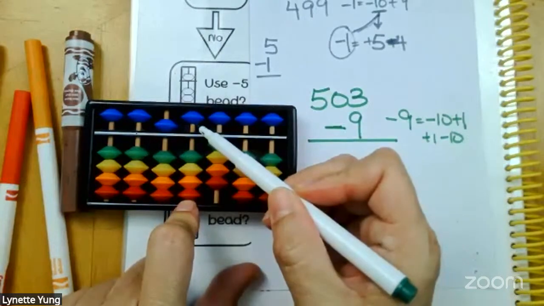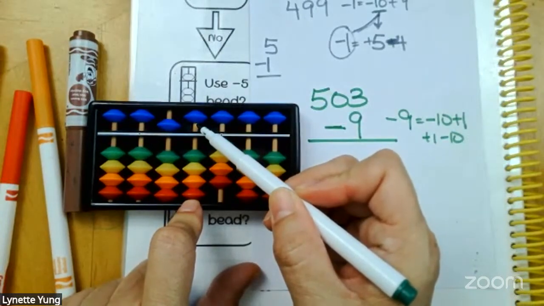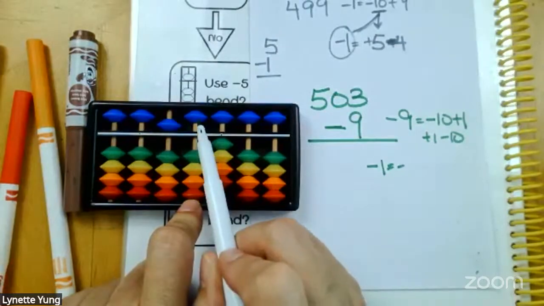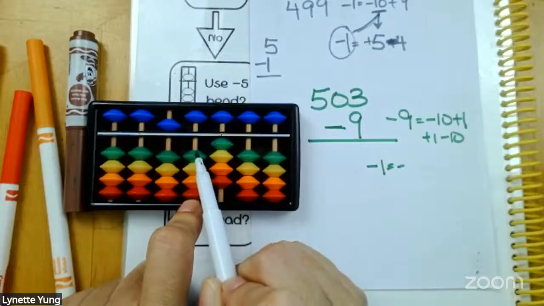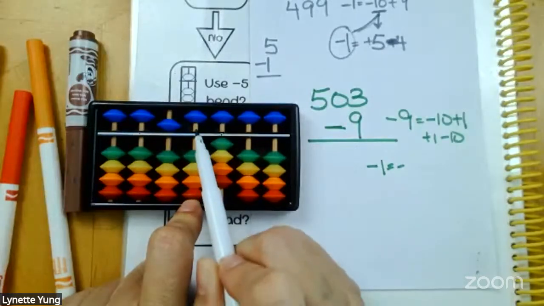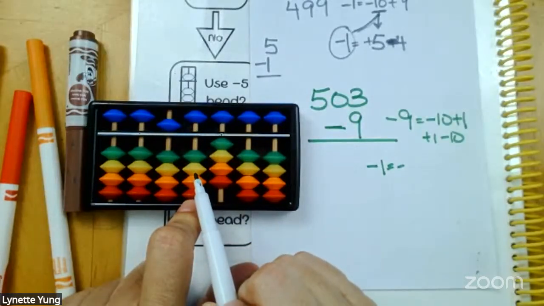Can't you take away the 5? Oh, he's saying minus the 5 in the ones place, but I'm not there yet. What do I do here to minus the 1?